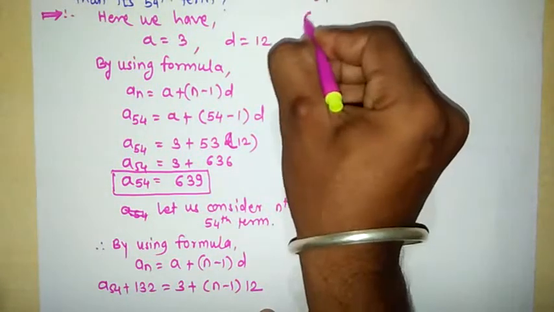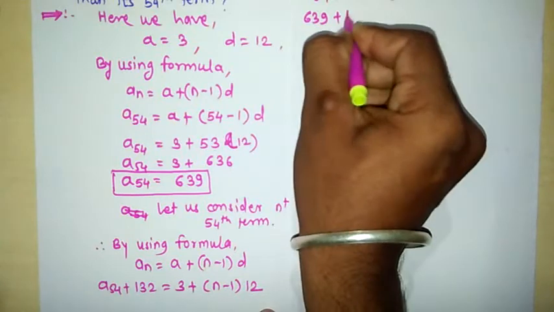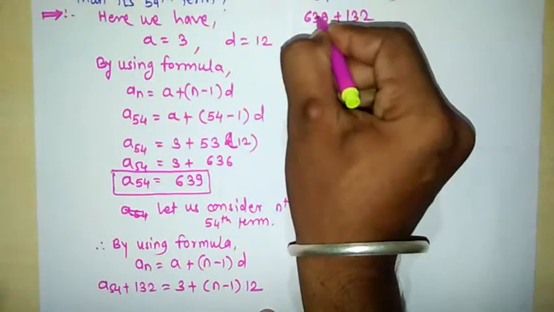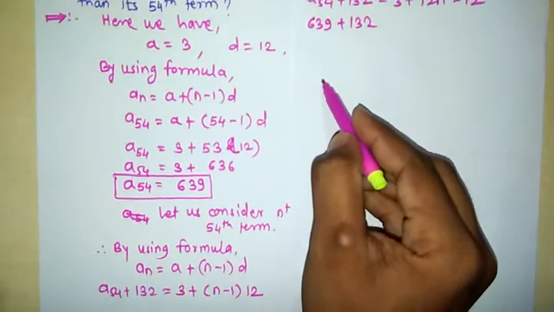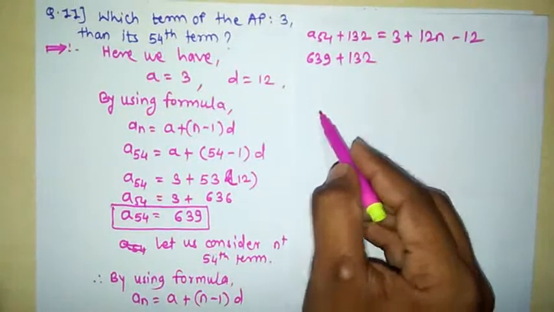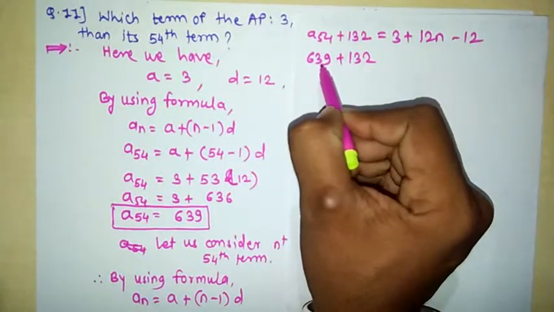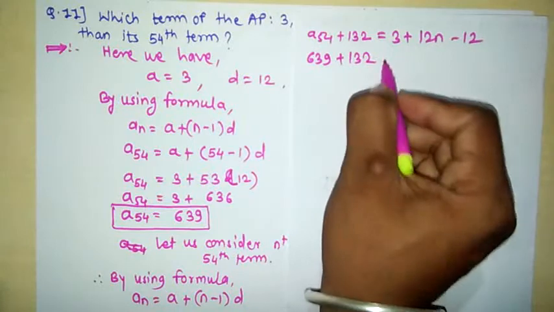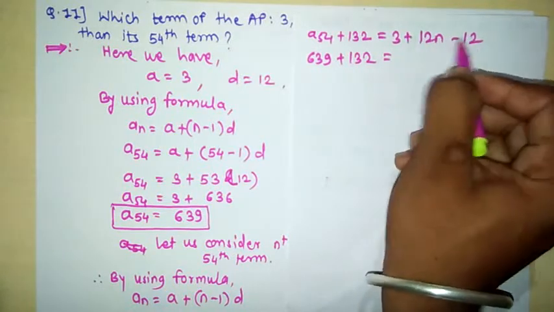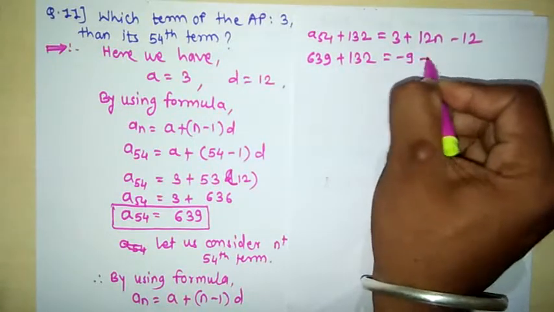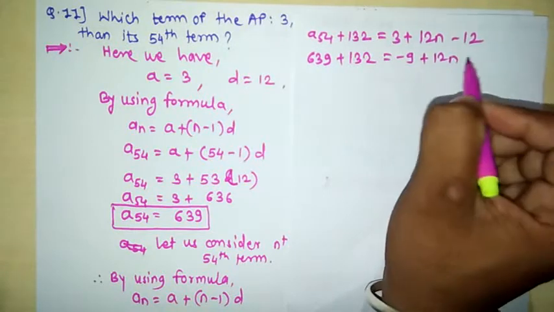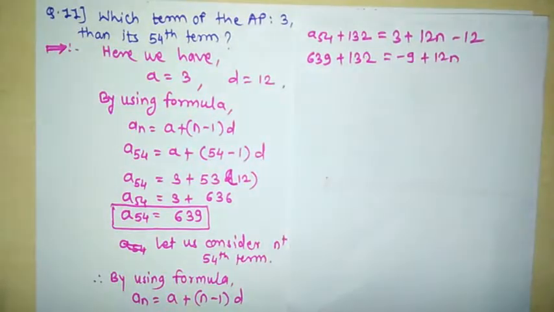Put here 639 plus 132 instead of A54, which is equal to 3 minus 12, which is equal to minus 9 plus 12n.